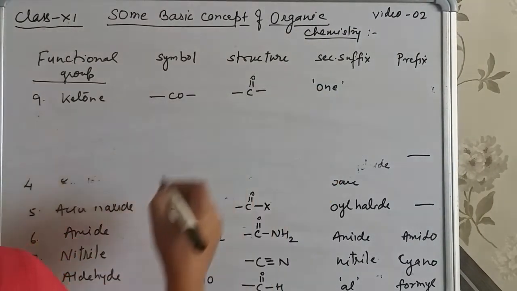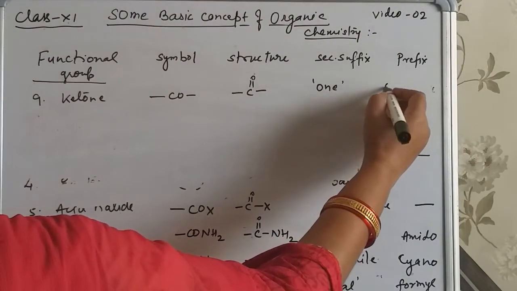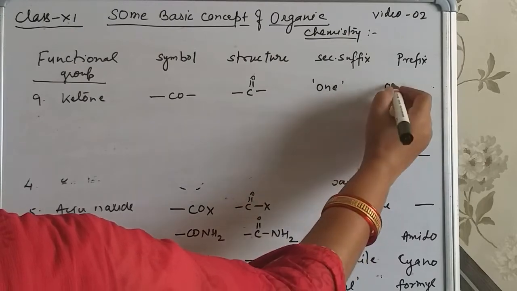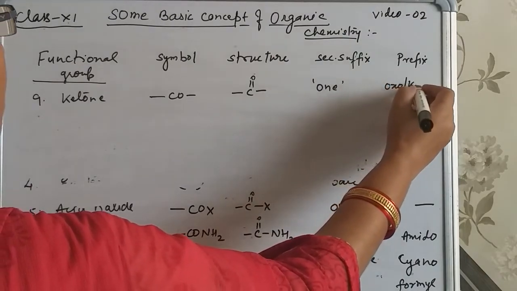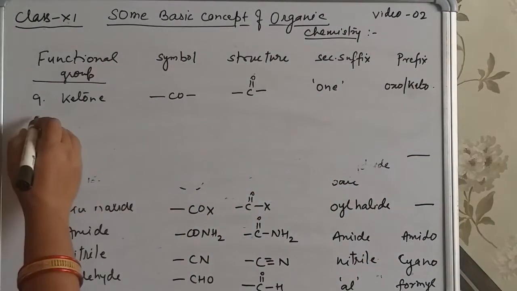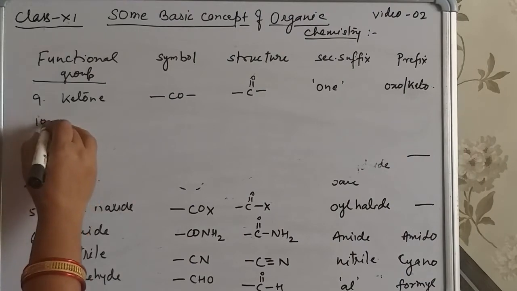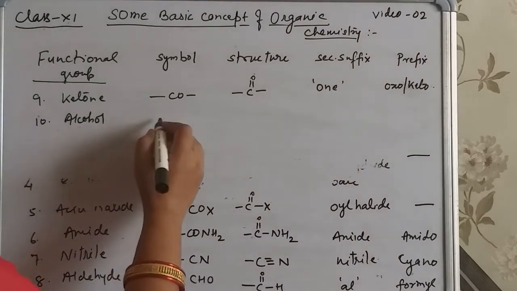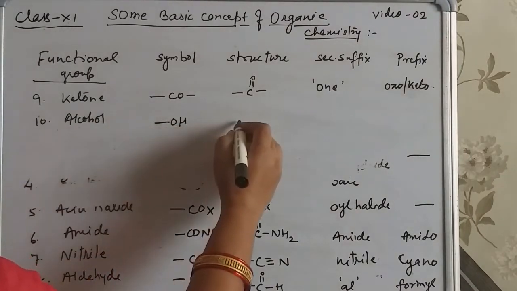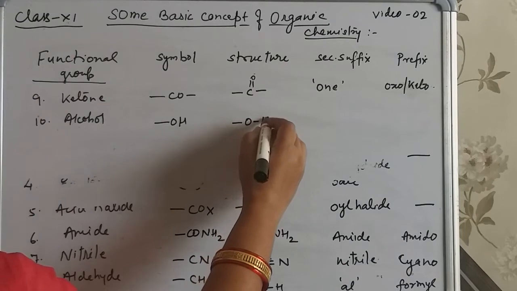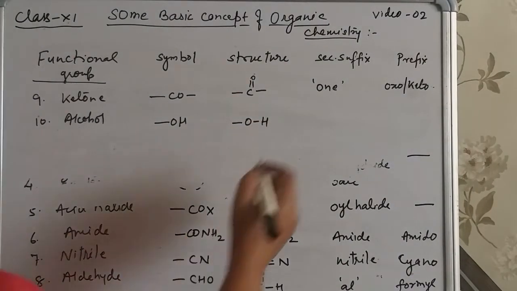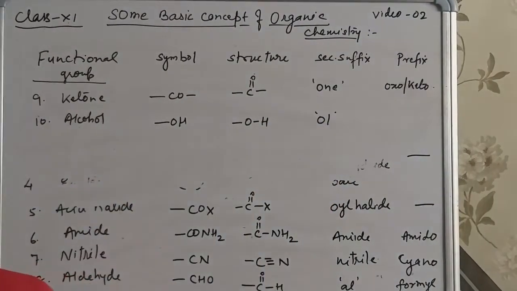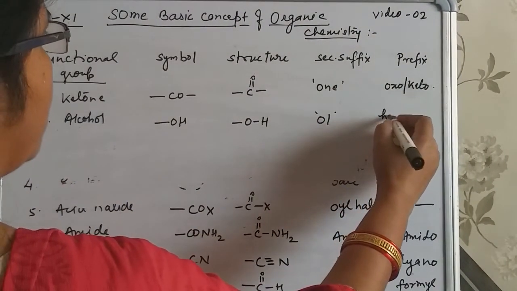Secondary suffix one, and the prefix oxo or keto. Number 10, alcohol. Symbol OH, structure O single bond H. Secondary suffix we use ol, and prefix hydroxy.